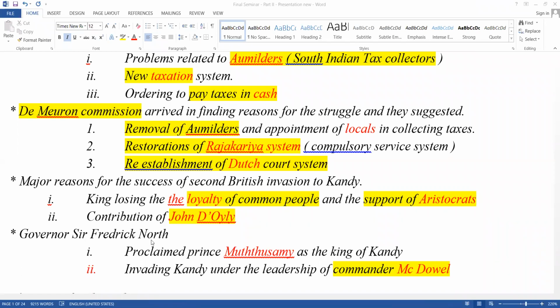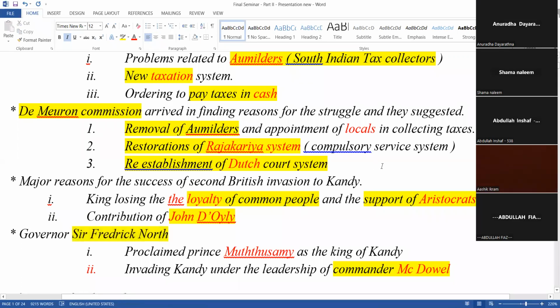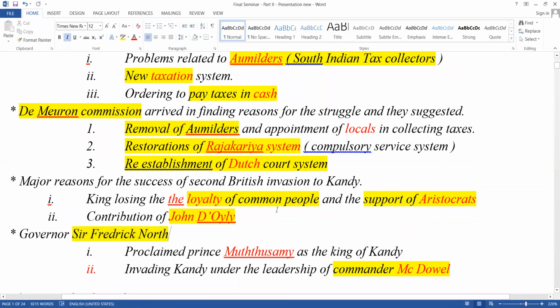The first invasion was done under Commander McDowell in 1803 and it was a failure. It was done by Governor Sir Frederick North. Okay, keep these things highlighted.